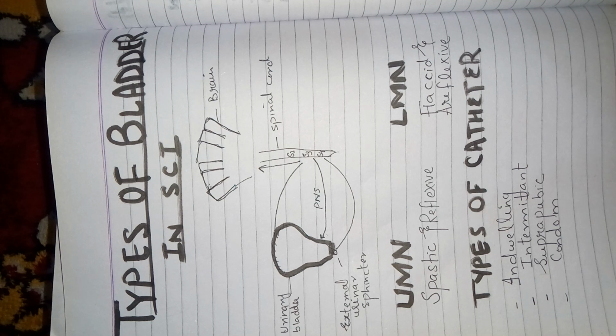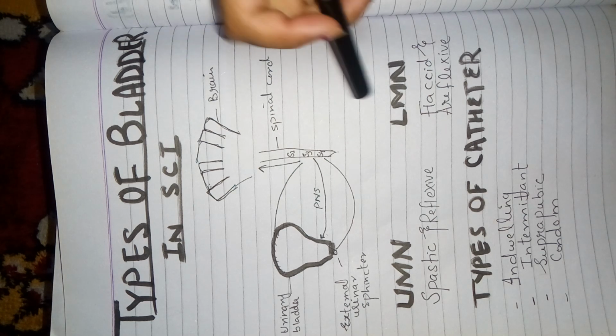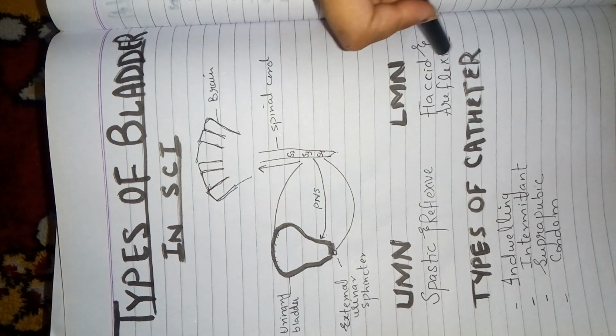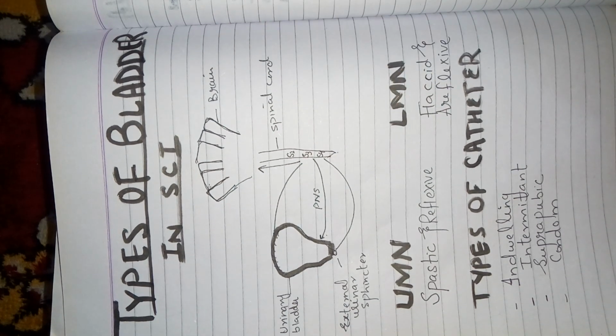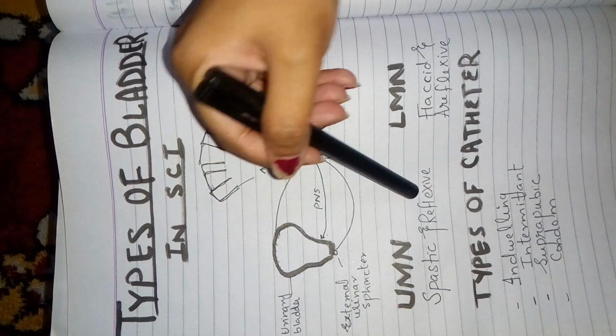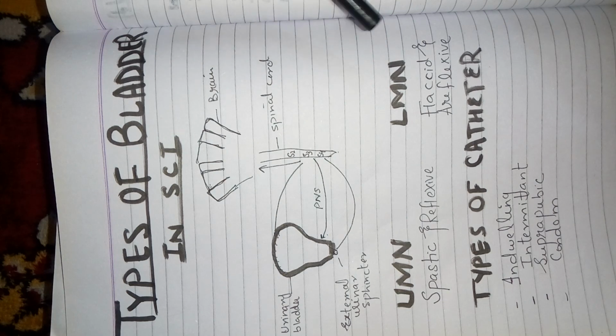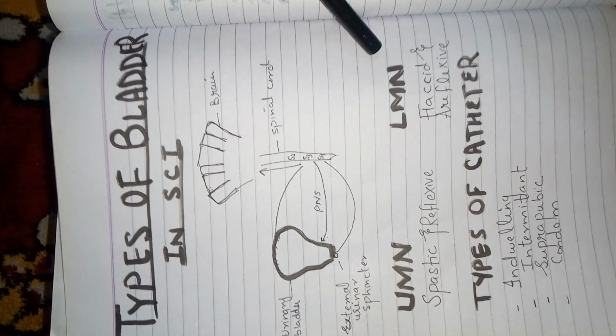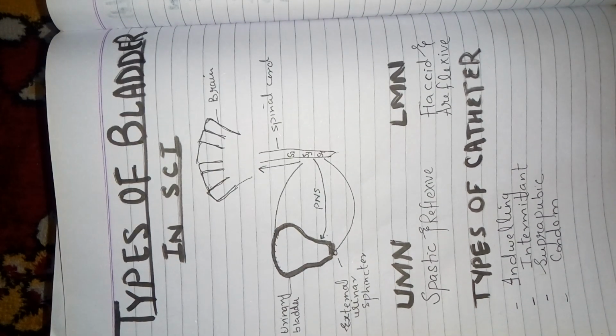It will not compress or contract itself to release the urine. That is flaccid, and that means it will not have the micturition reflex to release the urine, right? So the upper motor neuron bladder cannot accumulate the urine, and the lower motor neuron type cannot release the urine. Okay, so these are the two types of bladder.